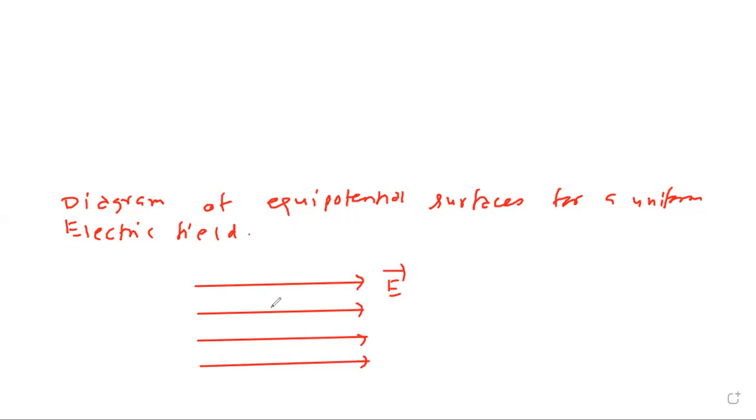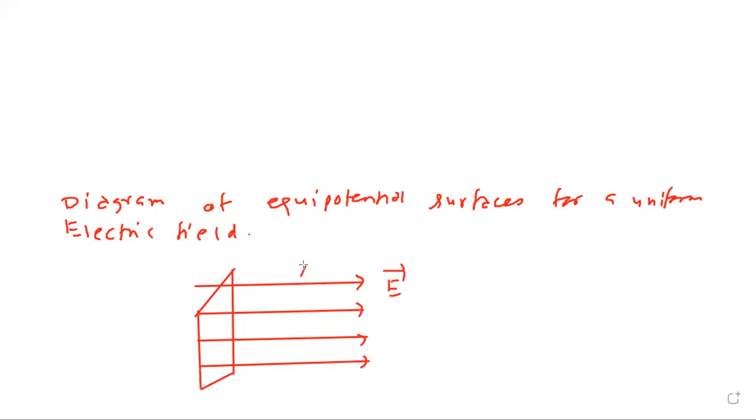So we know electric field is perpendicular to the equipotential surface. So I can draw one surface passing through the field. Now you can see for this surface field is perpendicular. So this is called an equipotential surface.